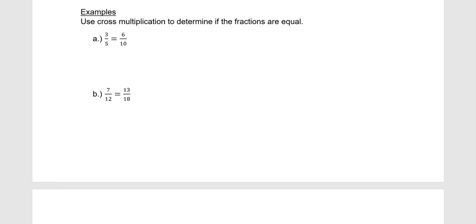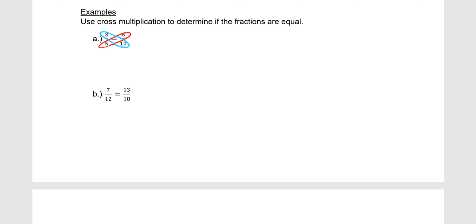So let's do an example here. Let's use cross multiplication to determine if the fractions are equal or not. The first one is the one that we just did. 3/5 equals 6/10. So the cross multiplying here is you're multiplying numerators and denominators.